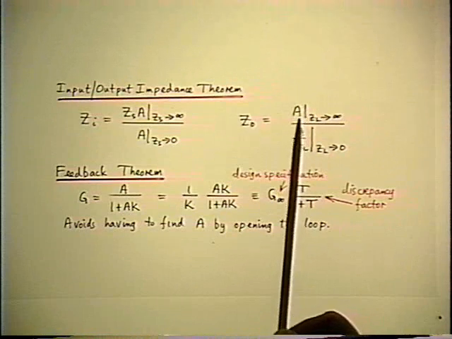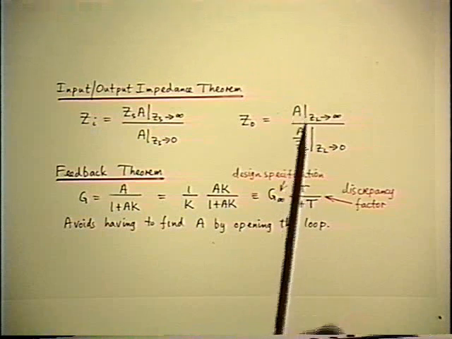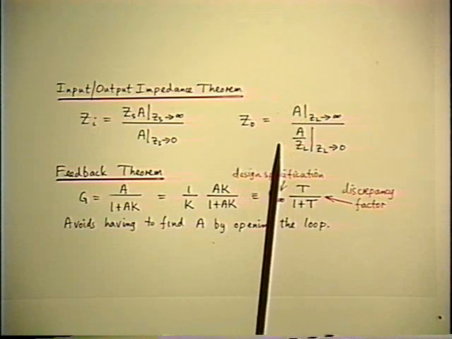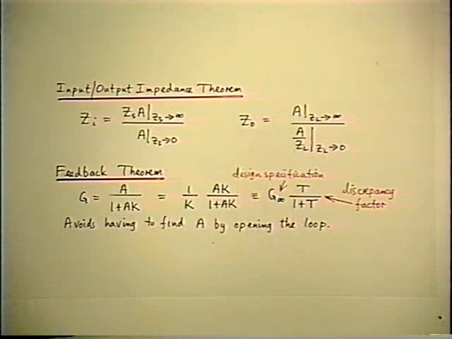So ZL is one of the quantities inside this expression for the A. And what the theorem says is, all you have to do is take these two simple limits and you get the output impedance. Looks pretty simple, doesn't it? It is.